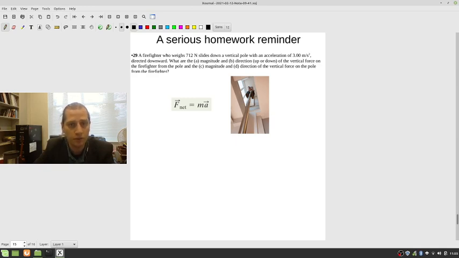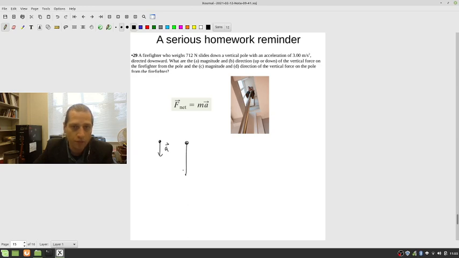Here's a problem. It says that you have a firefighter who weighs 712 newtons, slides down a vertical pole with an acceleration of 3 meters per second squared directed downward. So you have an acceleration that's going in this direction. What are the magnitude and direction of the vertical force on the firefighter from the pole?